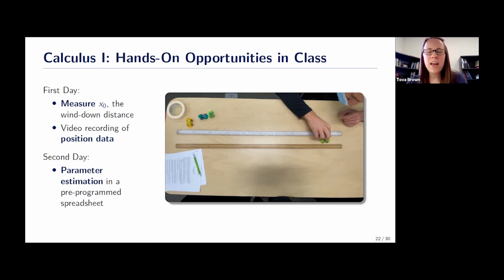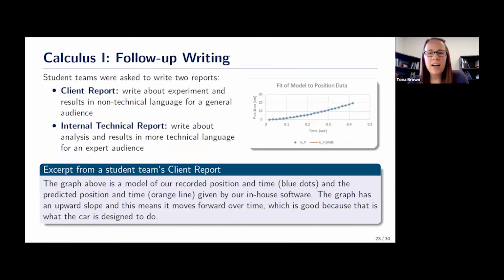And then I followed up those 2 days in class with about 2 weeks' worth of writing time to finish anything they hadn't finished yet, and to write 2 reports. I wanted students to focus on technical communication to 2 different audience levels. So as a consultant within this company, they could speak at the level of the client who has hired technical people to do technical things, and they just have a question they want answered, right?